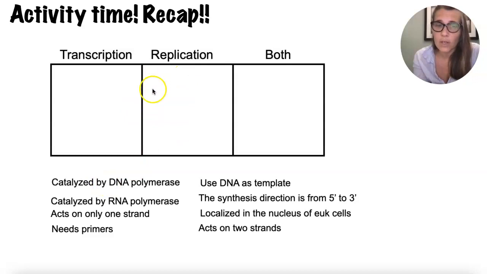Right, replication. So this one would go here. You would write replication: DNA polymerase. What about RNA polymerase? That only happens in transcription because you are making RNA. So you will put that there. Something that happens in both: the direction is 5' to 3' in both. So you can put that here. Okay, so that is the idea of this exercise, and in that way you know where things go.